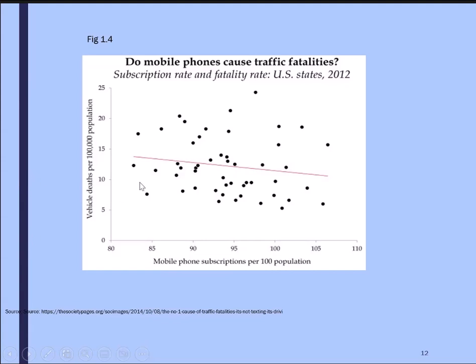On the surface, it might appear that this is evidence that cell phones are not causing more serious crashes, but there could be other factors at work that are hidden, which skews this pattern. In this case, it might be that as the number of cell phone subscriptions increased, so did improvements in the safety of vehicles overall. So the vehicles were keeping everyone safe, but the risk from cell phone use while driving is still increasing, but it's hidden in this graph. Experimental studies are going to help us tease these factors apart.